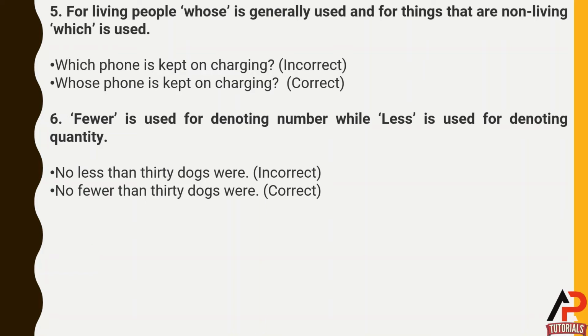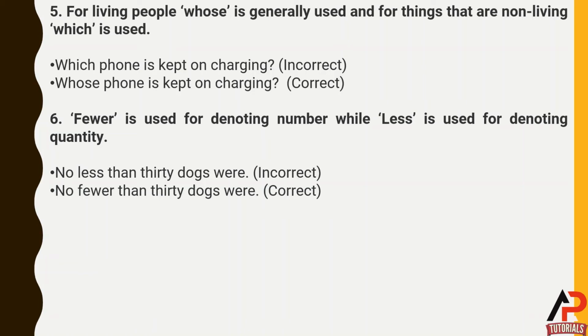Now coming to the sixth rule: fewer is used for denoting number, while less is used for denoting quantity. So whenever we talk about numbers in a sentence, we use fewer, and whenever we talk about quantities, we use less. You can understand it better with the help of these examples.